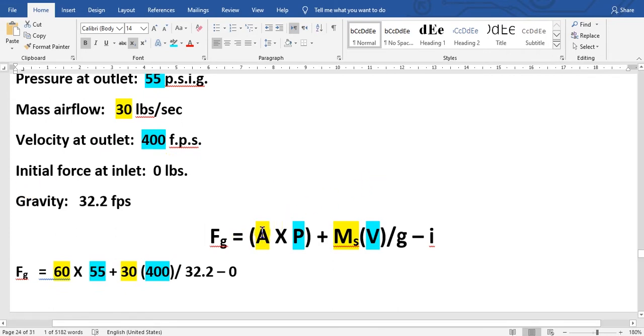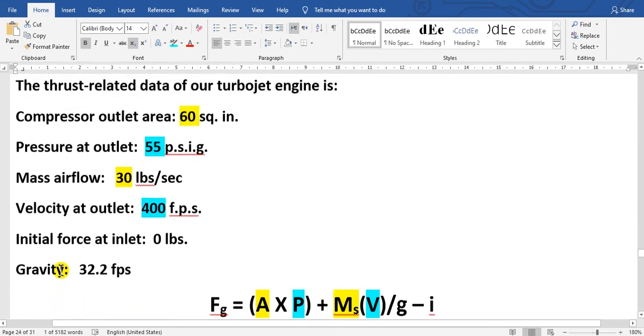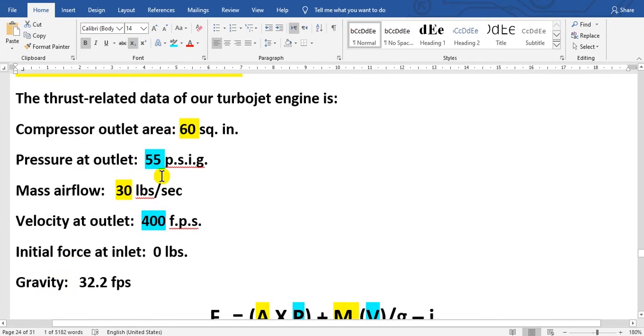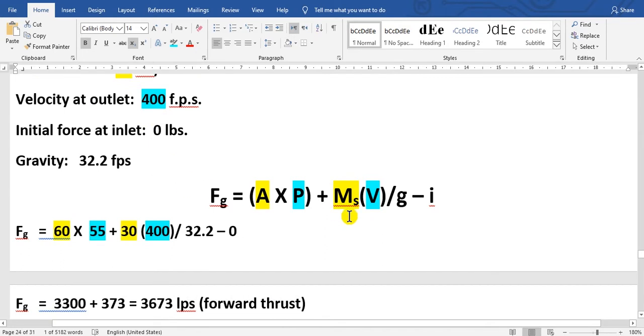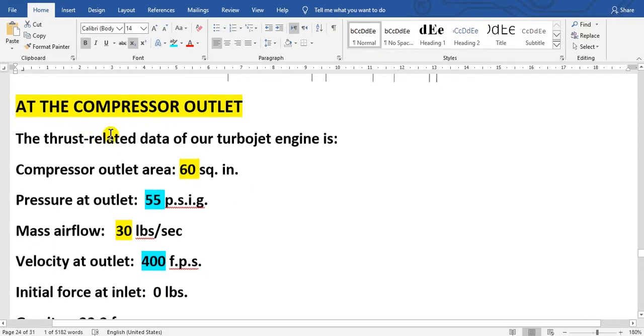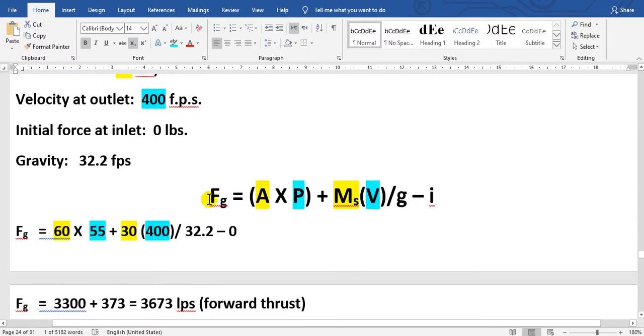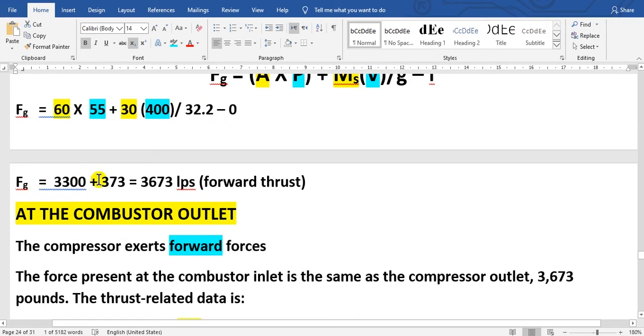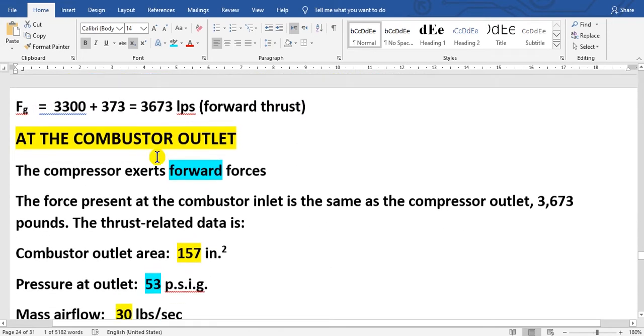Okay, so here the gross thrust equals area multiplied by pressure, area yellow multiplied by blue, plus mass flow multiplied by V over gravity, minus 0 because at the inlet of the compressor there is no force. Okay, so the calculation gives me forward thrust from the compressor.